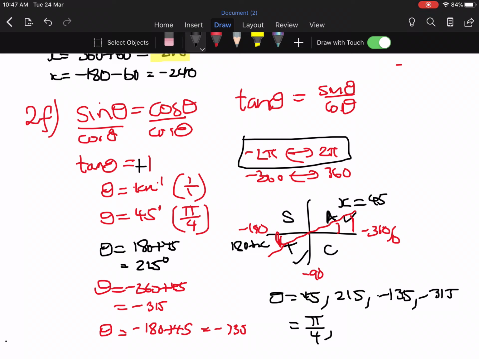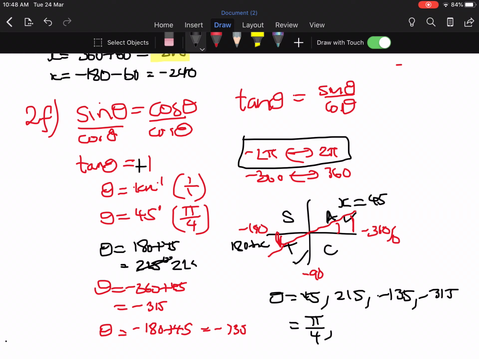Well, if in doubt, what do you do? You do 215 times by pi, and you divide it by 180. That's 43 over 36 pi. Oh, okay. I knew I'd made a silly error.